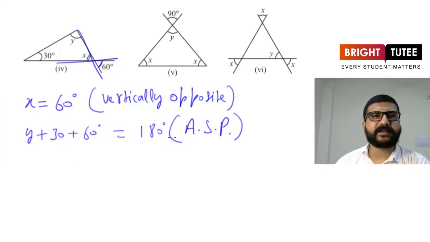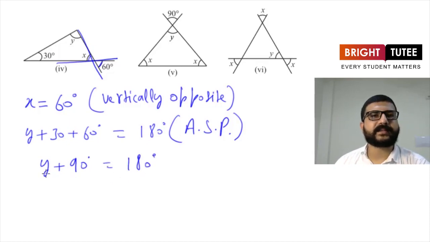Now by simplifying this we will get y plus 90 is equal to 180 degrees. Now from here, to get the value of y, we have to transpose this 90 on the right side of the equation. So this gives us y is equal to 180 degrees minus 90 degrees, which is equal to 90. Hence, the value of y we are getting is 90 degrees.